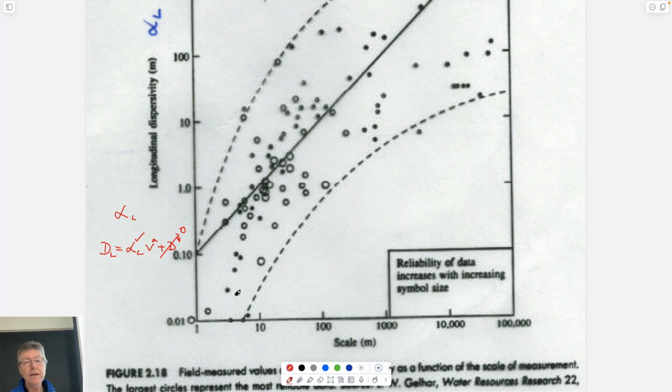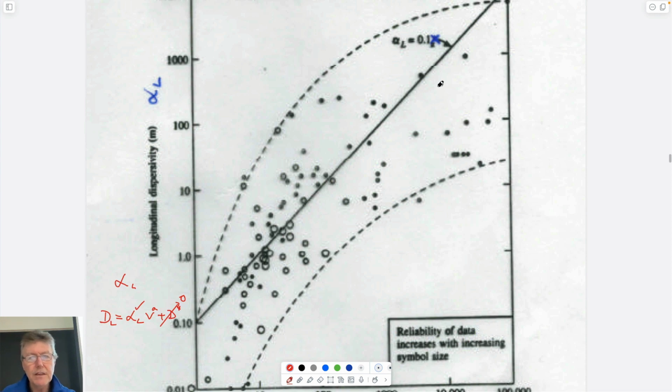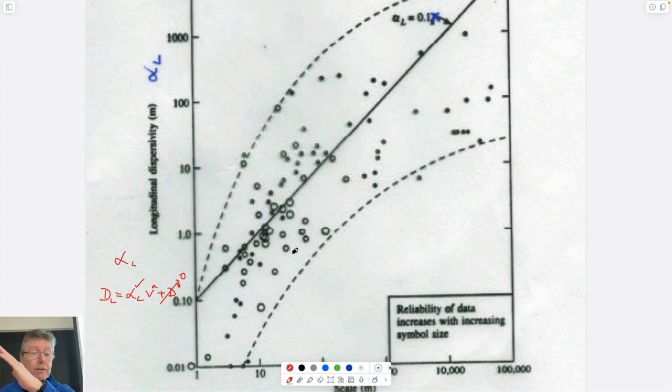So if you do that at a bunch of places, you find something very strange. It's kind of a shotgun blast, but these are the results. They scale positively with the length of the plume. Bigger plume has larger dispersivity. If you draw a best fit line through them, you could imagine this best fit line might be the longitudinal dispersion is equal to the length scale, the size of our plume, divided by 10. 0.1 times x is this line here.